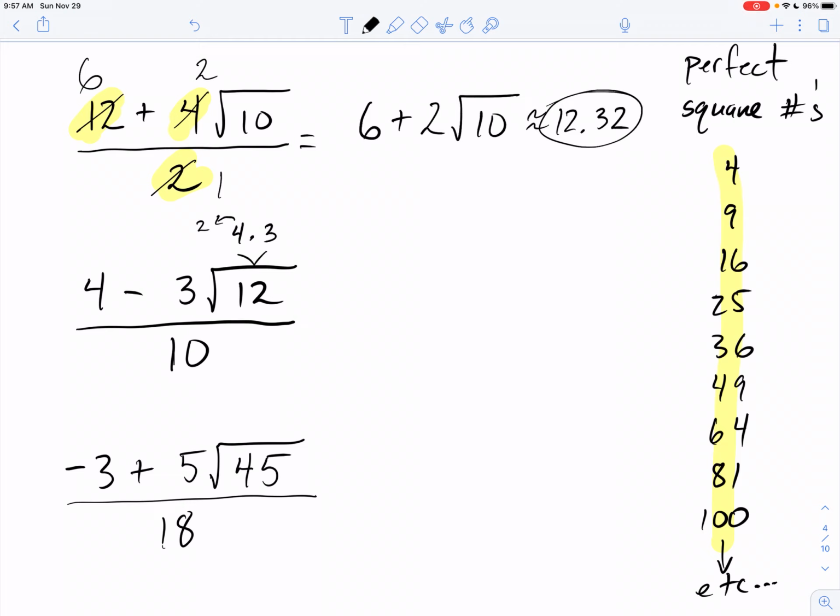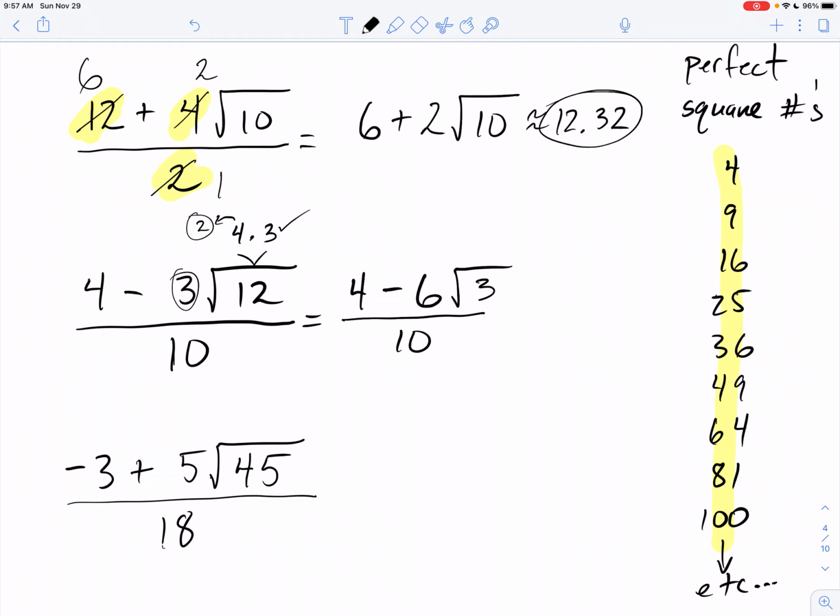When a number comes outside and there's already a number there, what do you do? You multiply. So here we go. I get 4 minus, but now I'm having a 2 smack into a 3, I get a 6. Rad, what's left over? This guy. And what's on the bottom? That's a 10.